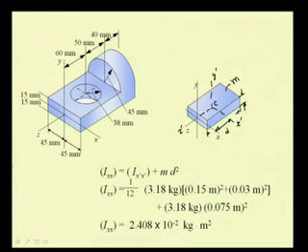So, if I say these to be A and B, it is 1 by 12 mass times A square plus B square. So, what are these values? This A is nothing but the total length of the machine element, which we see is 60 plus 40 plus 50, that is 150 mm, or in meters it is 0.15 meters.